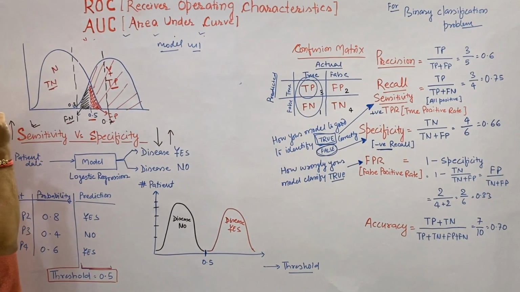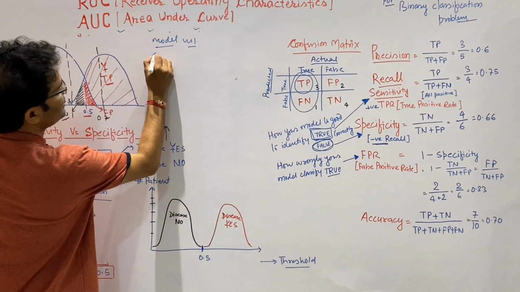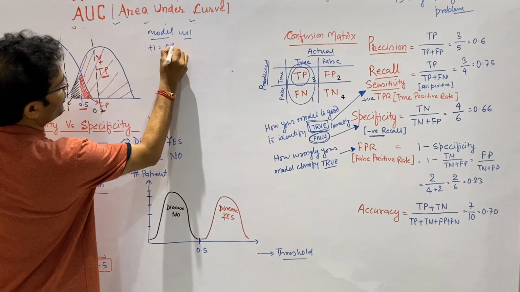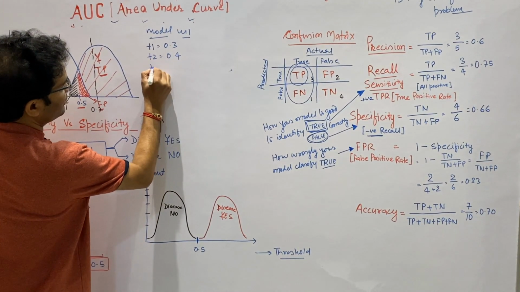Suppose you create one model, and on different thresholds, suppose threshold T1 is 0.3, for T2, 0.4 threshold.